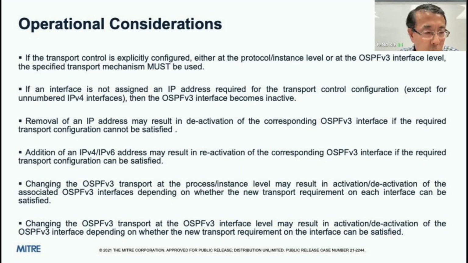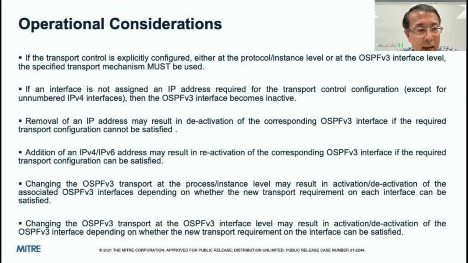We also want to highlight some design considerations we had when we implemented the user configuration. We faced different options, whether to place the user control of the IP transport mechanism at the interface level or at the instance level.